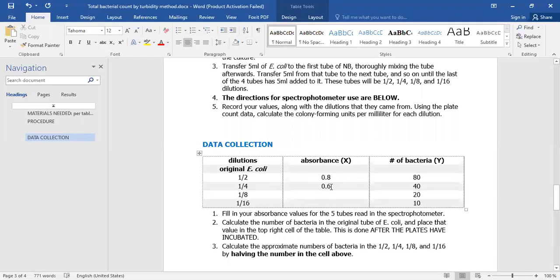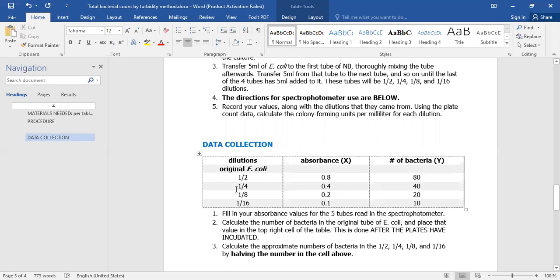Similarly, in the 1 by 8 dilution, the absorbance is 0.2. And in the 1 by 16 dilution, the absorbance is detected as 0.1. According to this absorbance, we can calculate the number of bacteria.